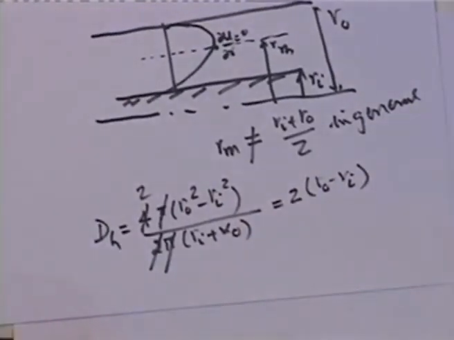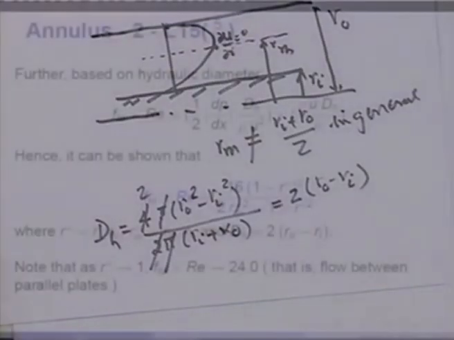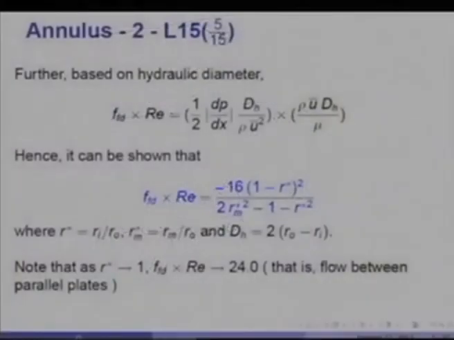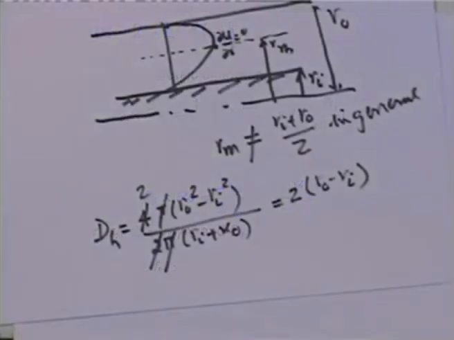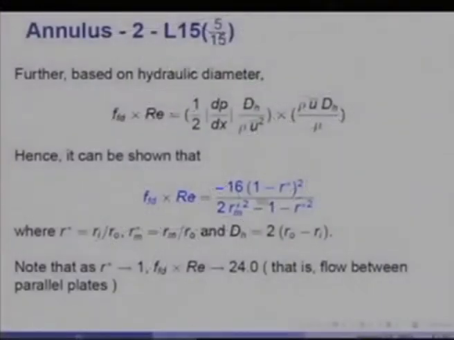So, twice the flow width, r_O minus r_I, is the hydraulic diameter. If I use that definition of hydraulic diameter, it is very easy to show that f into Reynolds number would be 16 times (1 minus r star squared). r star is the radius ratio of the duct, r_m star is r_m by r_O, and d_h is 2 into (r_O minus r_I), the hydraulic diameter.